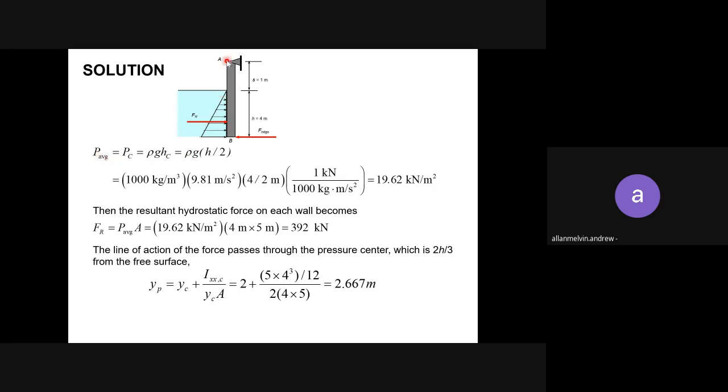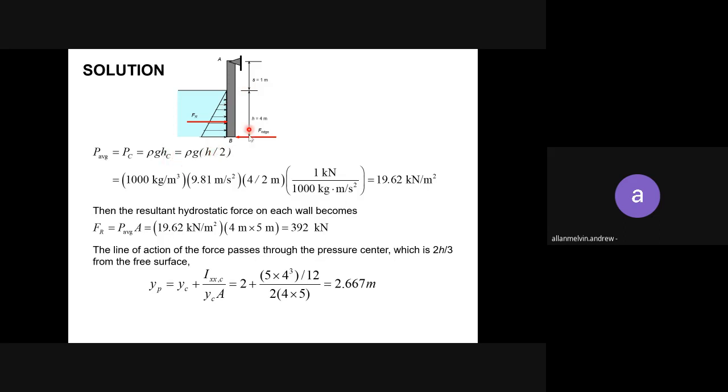No sine, no angles involved, so you can just use the straightforward formula. Okay, so average pressure equals PC, the central pressure, equals rho g hC.